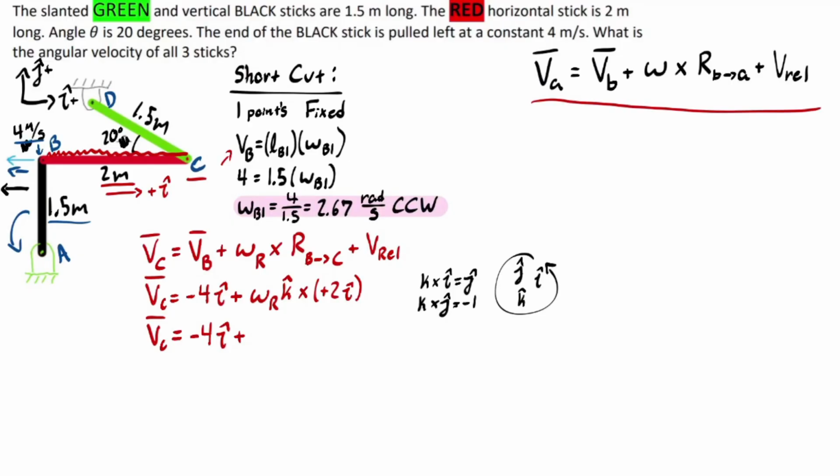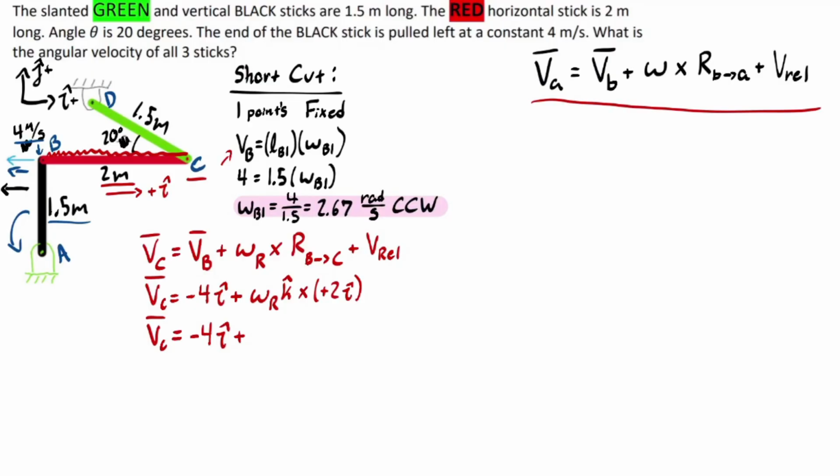This circle is the positive direction. If you're going from K to I, that's positive J. And if you're going from K to J, so K cross J, that is going in the opposite direction of this big circle arrow, so that's a negative I. Either one is okay, just remember it.